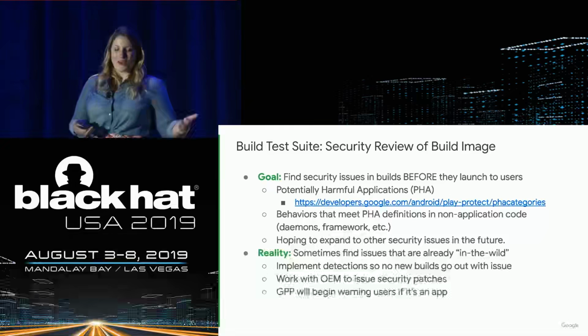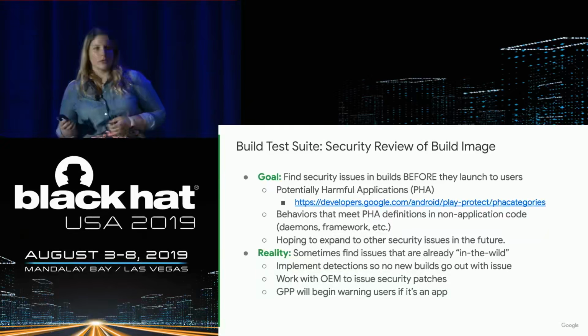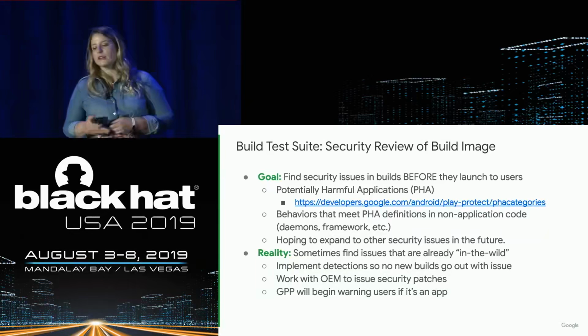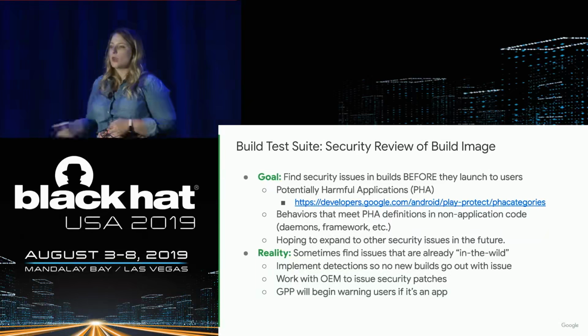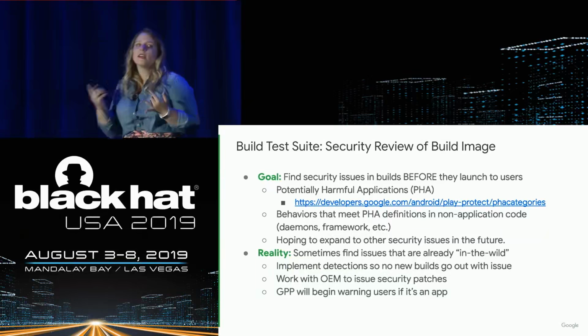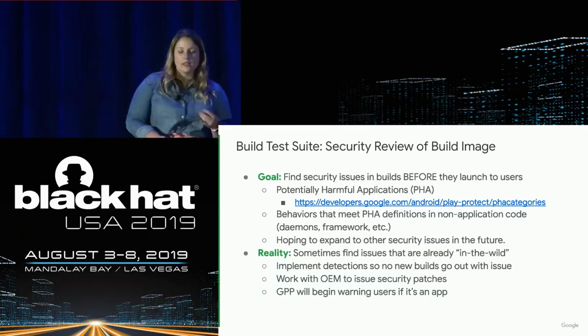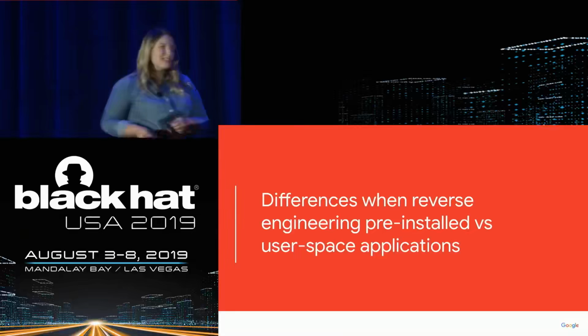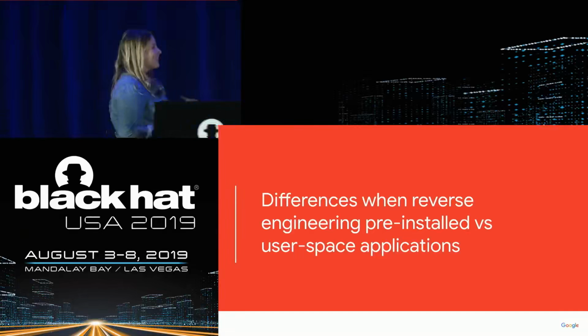And so some things were already existing. In those cases, we will immediately implement detections in BTS so that no new builds will go out, and then work with the OEM to issue security patches, as well as use Google Play Protect to immediately begin warning users. But let's get into some of the fun stuff in the reverse engineering.